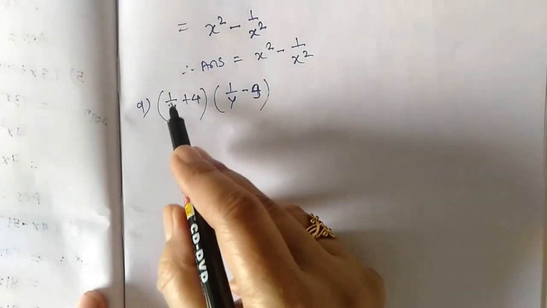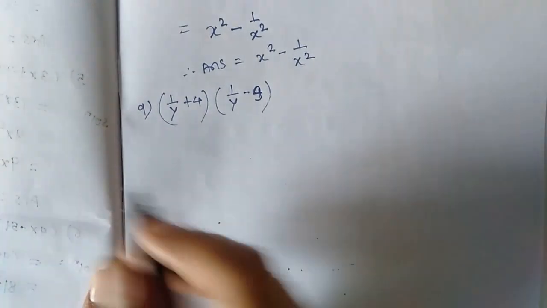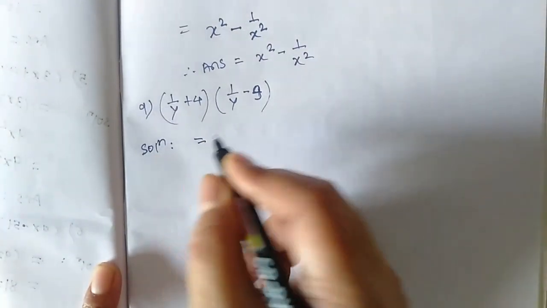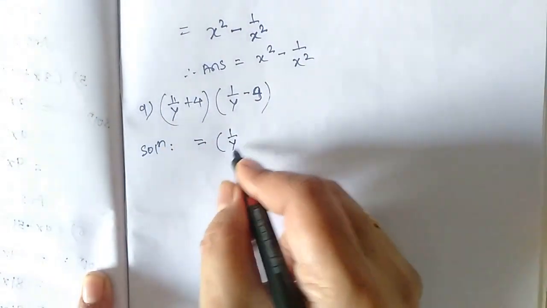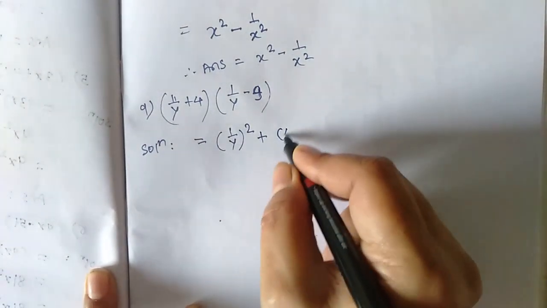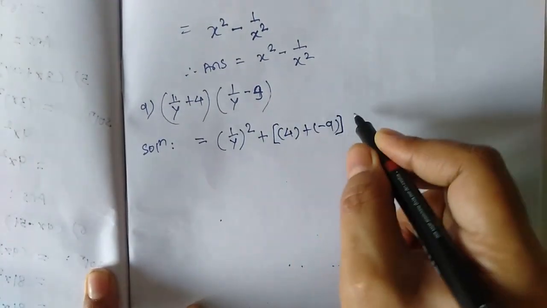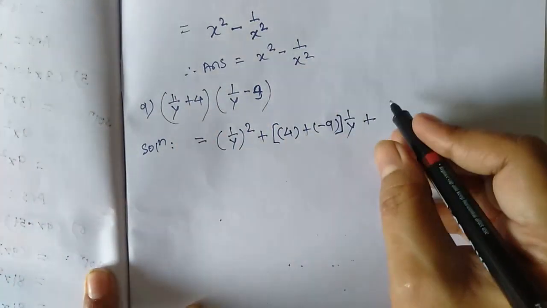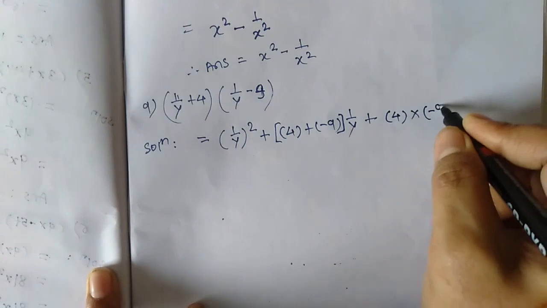See the last question, 1 upon y plus 4 into 1 upon y minus 9. So write down the solution. By applying the formula, first term square, that is common square, 1 upon y bracket square, plus 4 plus minus 9 into 1 upon y, plus multiplication of 4 and minus 9.